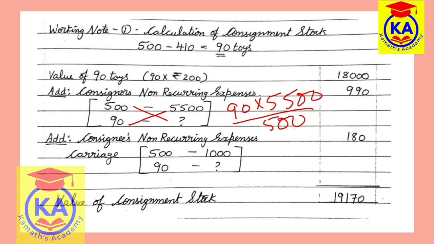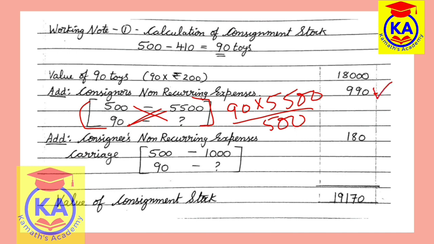So you have to write in the same way. Okay, if you change the way of writing, the answer will be changed. So for 500 toys, you have spent 5,500 for freight and insurance. For 90 goods, how much? So 90 into 5,500 divided by 500. So you are going to get 990 rupees.